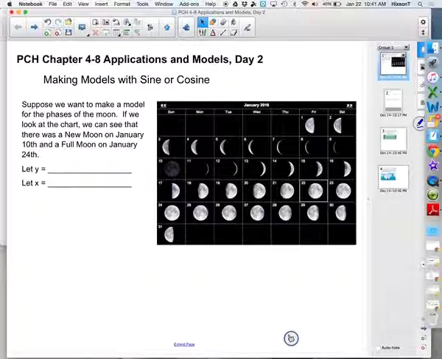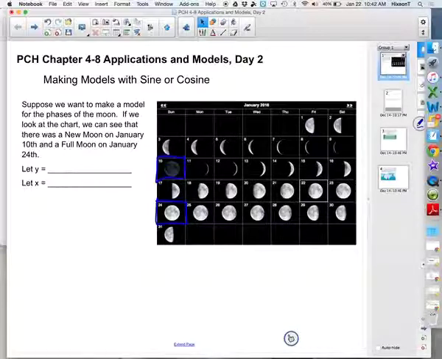Back here on the 10th, we had a new moon, and on the 24th, you'll see, it's kind of hard to see, but there's a little bit of shading on the 23rd, and then on the 25th, it's just starting to wane. So the 24th is when we'll have a full moon, okay?